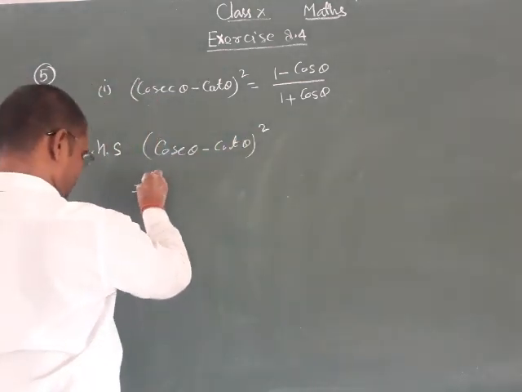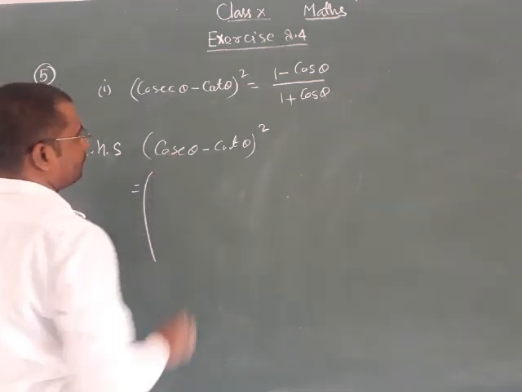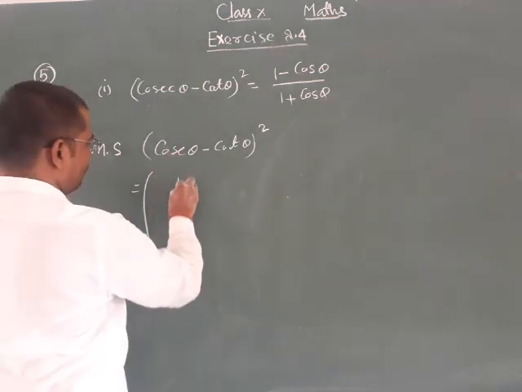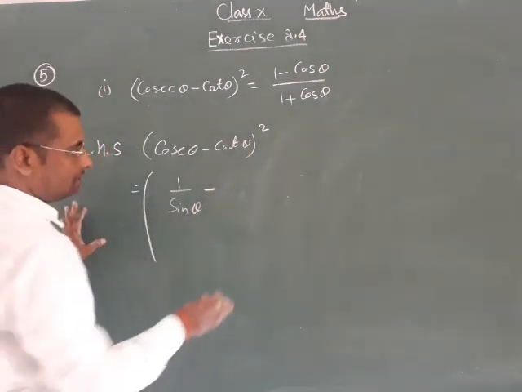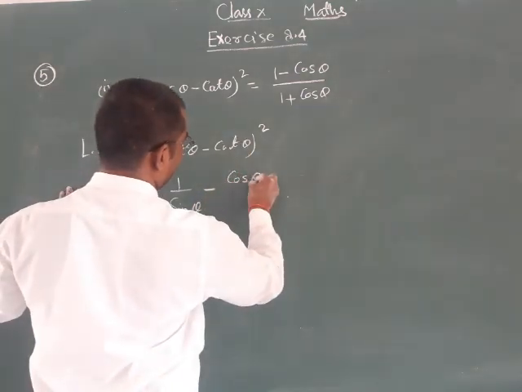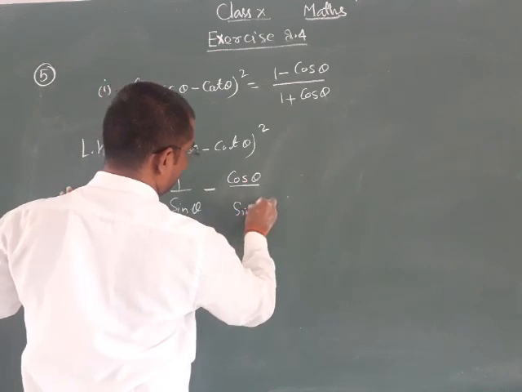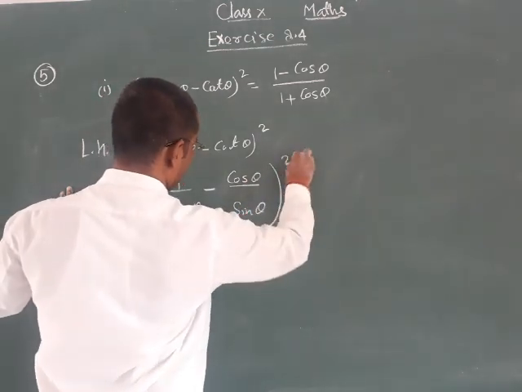So cosec theta is equal to 1 upon sin theta, minus cot theta is equal to cos theta upon sin theta, whole square.